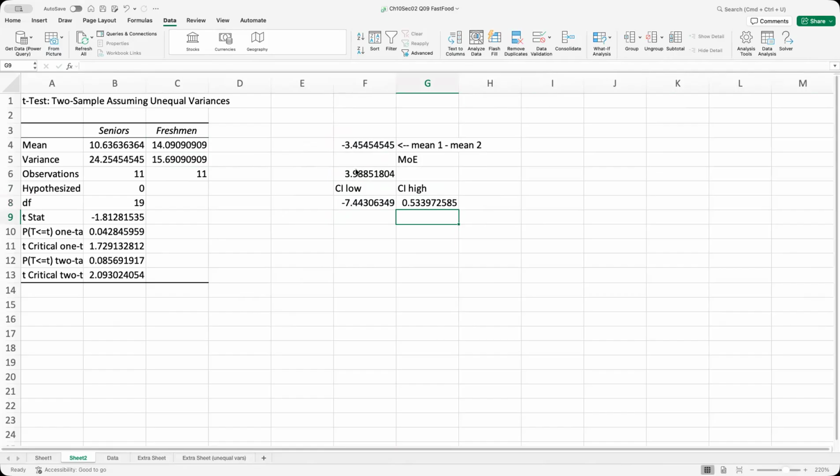Now, here's how close this decision was. When we looked at a one-tailed test, we said, yes, this makes a difference, doesn't it?